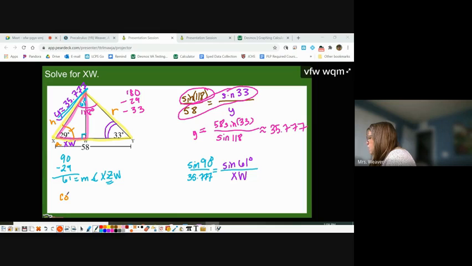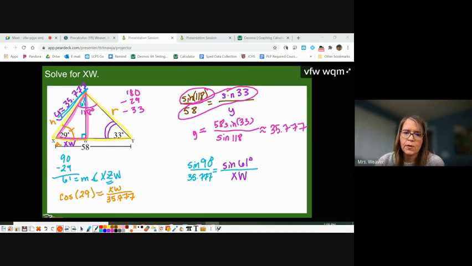So he just did cosine of 29 equals the adjacent side that we don't know over the hypotenuse that we do know, which is 35.777. Okay, so whichever way you thought of it, we should all get the same correct answer. So Anaf, you go ahead and solve your way by multiplying both sides by 35.777.